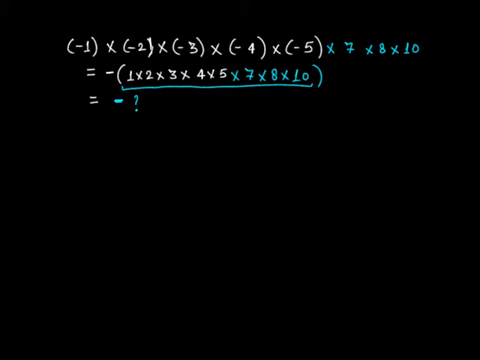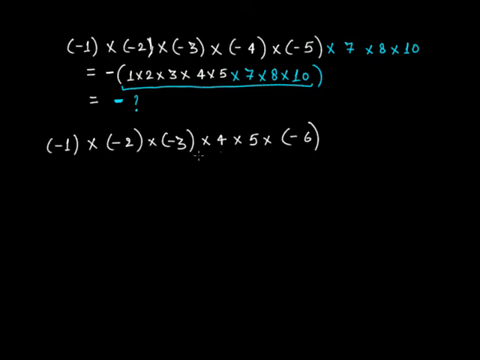Similar goes with even numbers of negative integers. Say you have minus 1 times minus 2 times minus 3, and then you have say 4, and then you have 5, and then you have minus times, say, 6. Now in this case you can see that you have 4 here, you have 5 here, 2 positive integers. Again, these positive integers will not decide whether your final result will contain a minus sign or not.